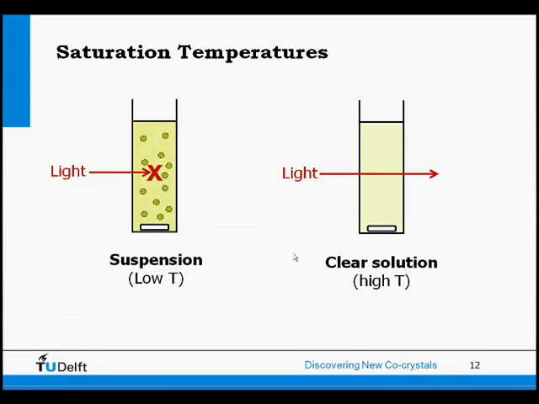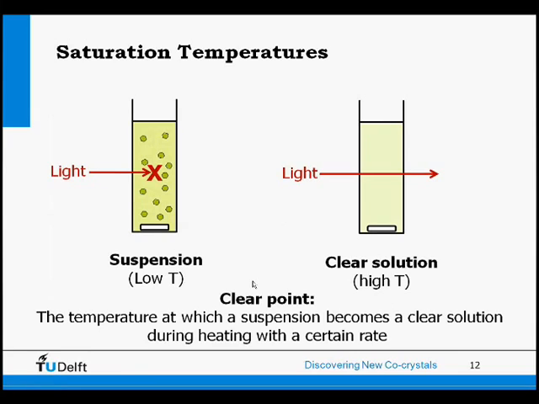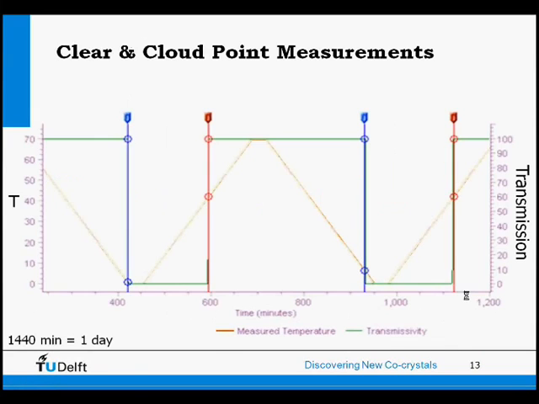And that clear solution will be at high temperature, and the suspension will exist at low temperature. And then we are interested in the point where these crystals disappear, so the clear point, the temperature at which a suspension becomes a clear solution during heating with a certain rate.